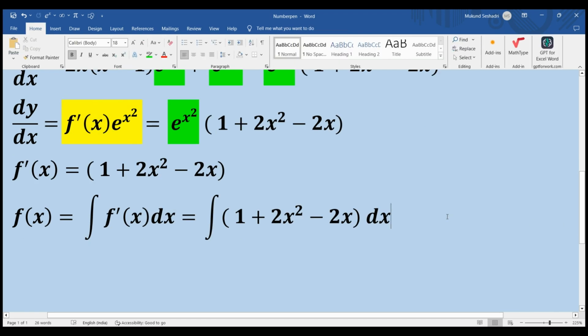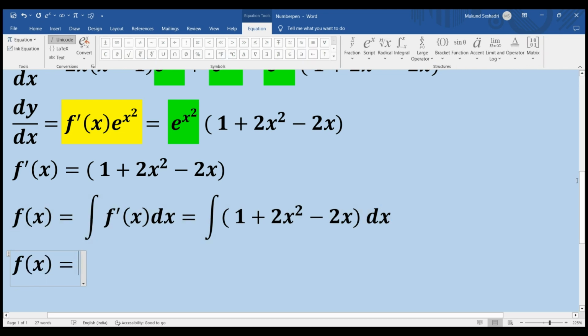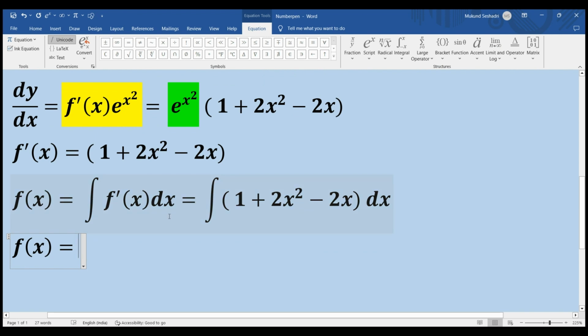So there we have our f of x. Now solving this is not too difficult. I apply the sum rule of integral so I can break it down further, and allow me to skip that interim step, because by now you guys are quite familiar with how to go about solving these problems.